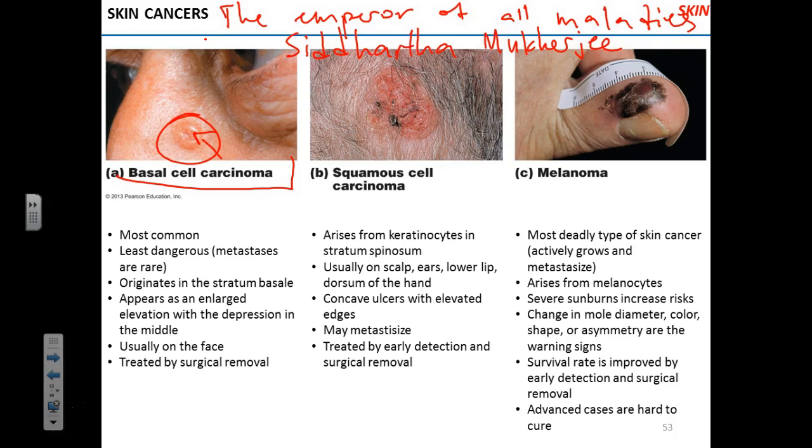Usually found on the face, nose, chin. It originates in the basal layer of the epidermis, stratum basale, and can be fairly easily surgically removed. Usually there's no need for chemotherapy.